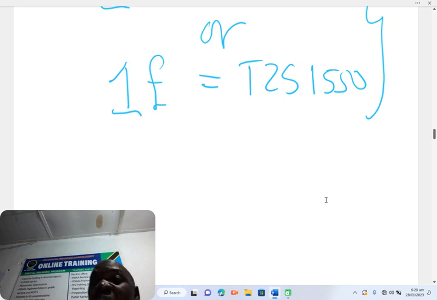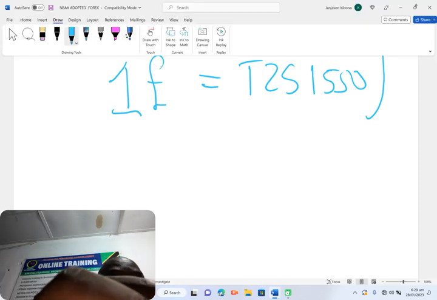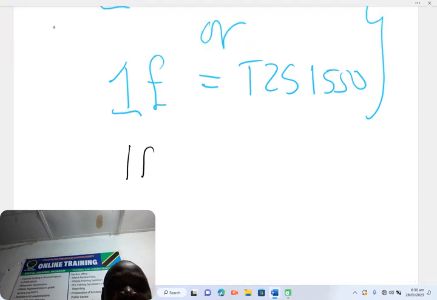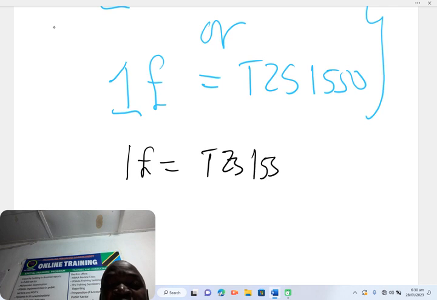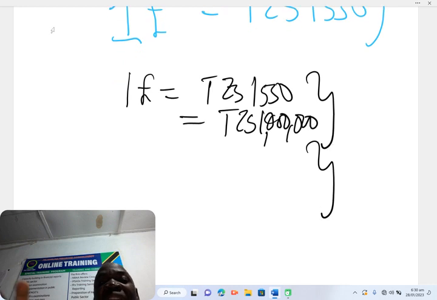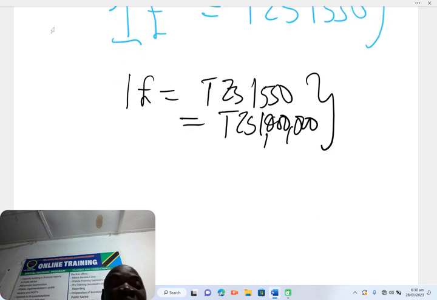So 1 pound is against TZS 1550. How about we want to buy TZS 1 million? What is the transaction? Now give me the answer.